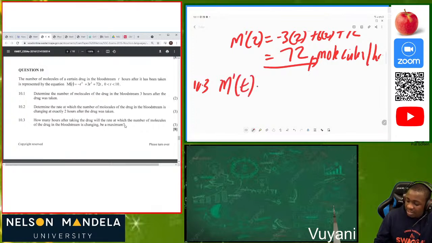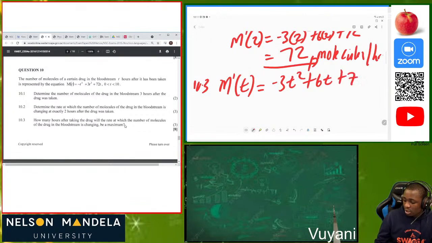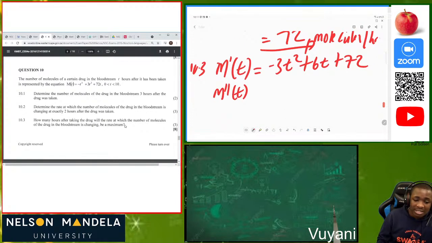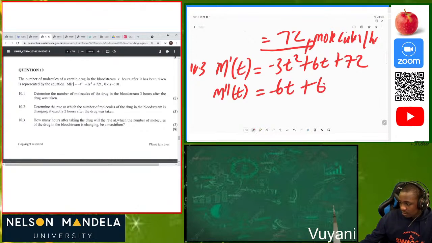Since we know that the first derivative is negative 3t squared plus 6t plus 72, now we only have to determine the second derivative so that we can certify the maximum. So the second derivative here is going to be negative 6t plus 6.